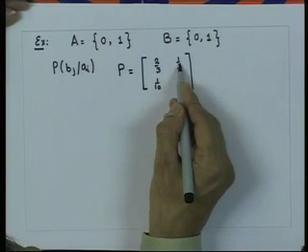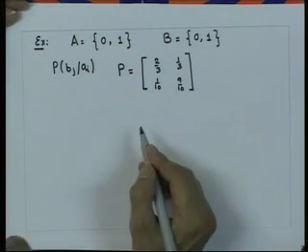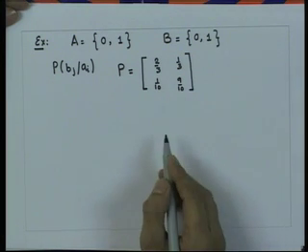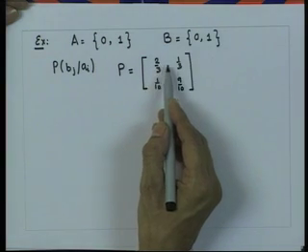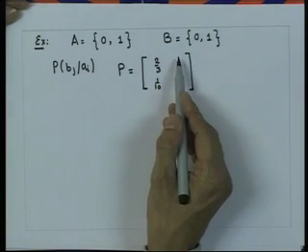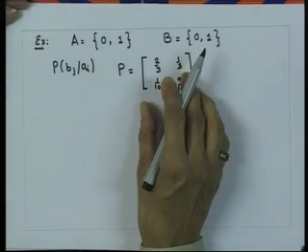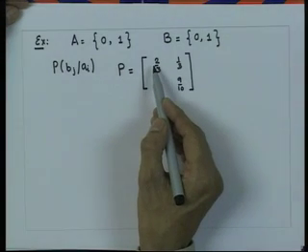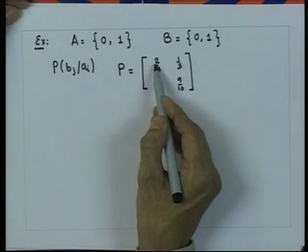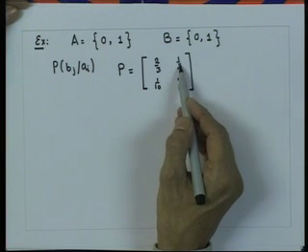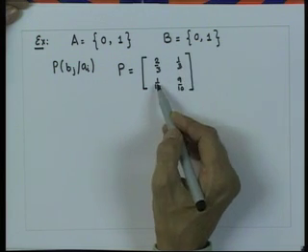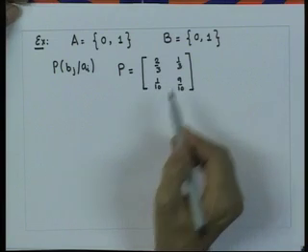So, the sum of this row is 1, again the sum of this row is equal to 1 as discussed earlier. Now, we associate the rows and columns of this matrix with the input and output symbols in the natural order. Therefore, probability of B equal to 0 given A equal to 0 is 2/3, probability of B equal to 1 given A equal to 0 is 1/3, and similarly for these entries.